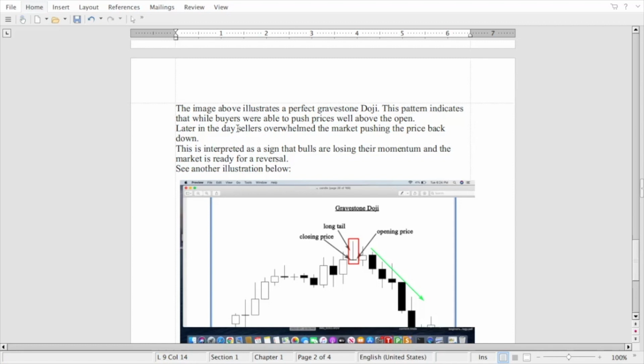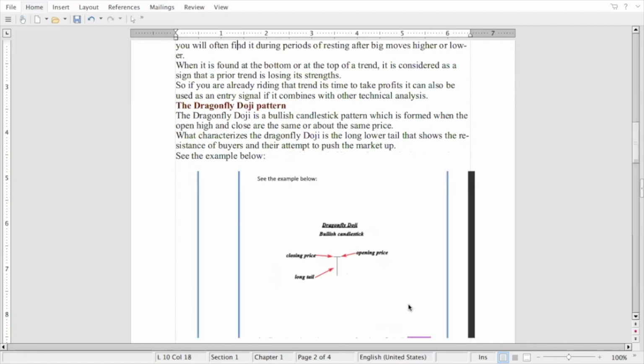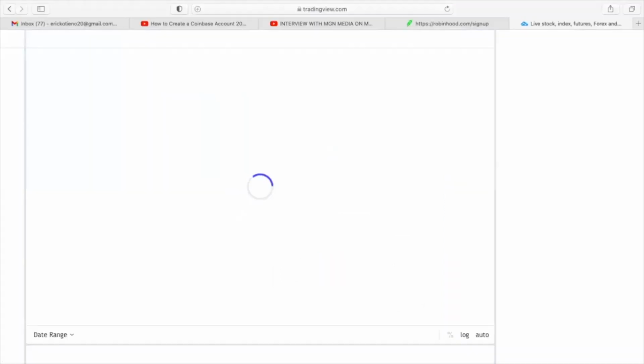This pattern indicates that while buyers were able to push the price well above the open, later in the day the sellers overwhelmed the buyers, pushing the price back down. So if it was here, and you see it form a gravestone doji, then boom, we are going to go on a roller coaster downwards.